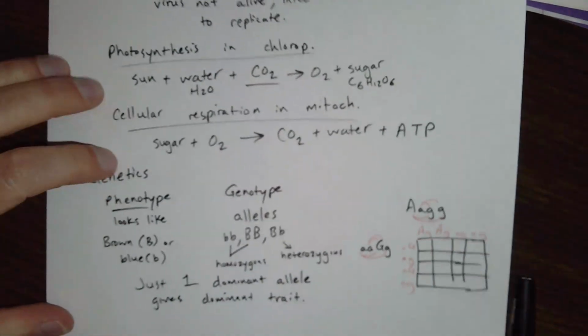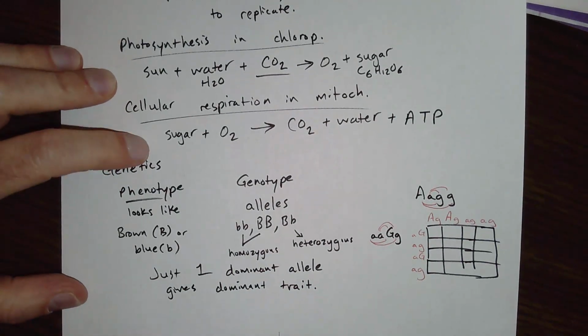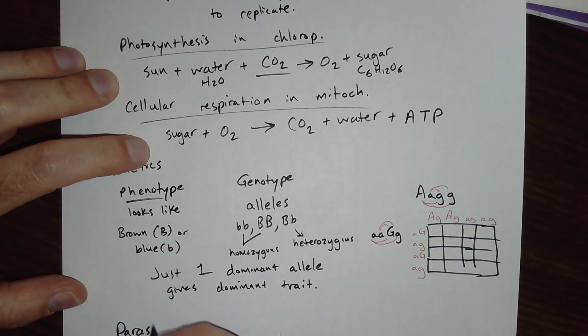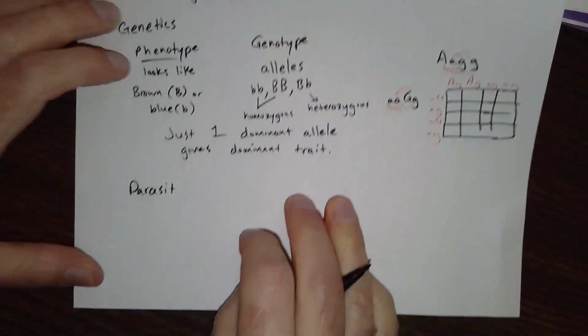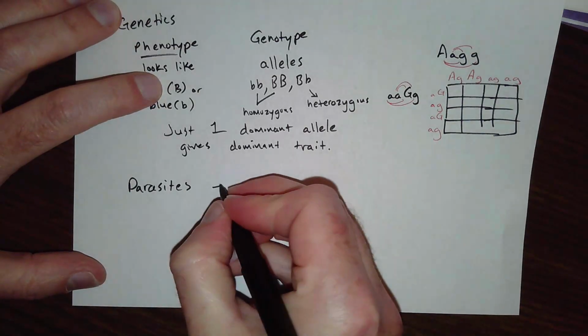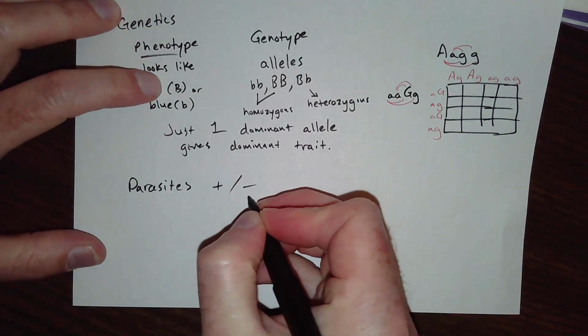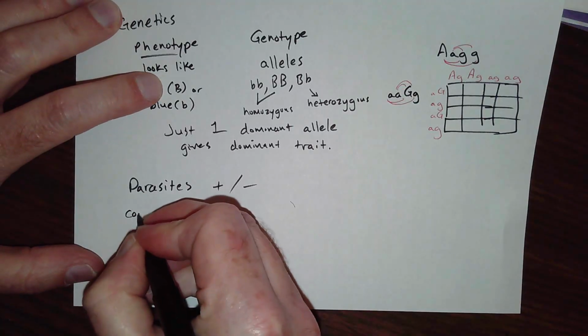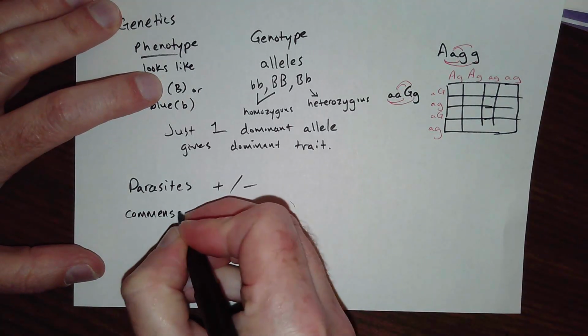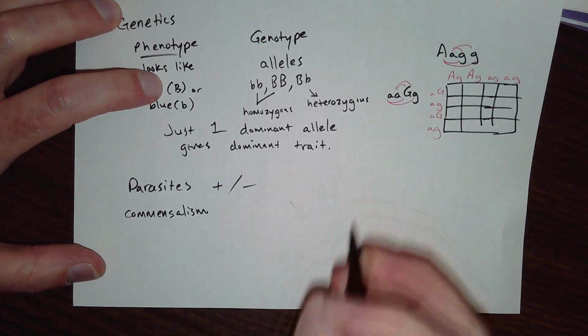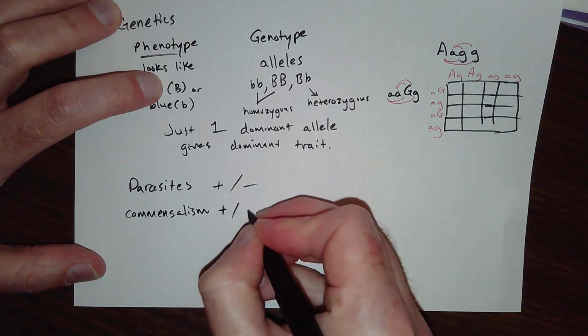Okay, nearly done. Let's talk about ecology. Parasites. Like mosquitoes, suck your blood. Great for them, not so great for you. Commensalism is when somebody gets something good, somebody else gets nothing.